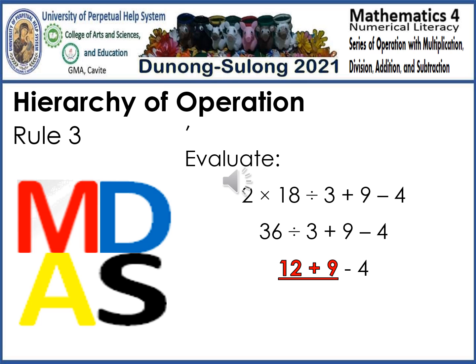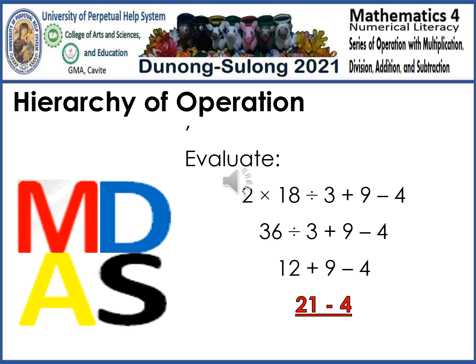So let's go to rule number 3, which is add or subtract from left to right. From the left, the first operation is 12 plus 9. 12 plus 9 is equal to 21.